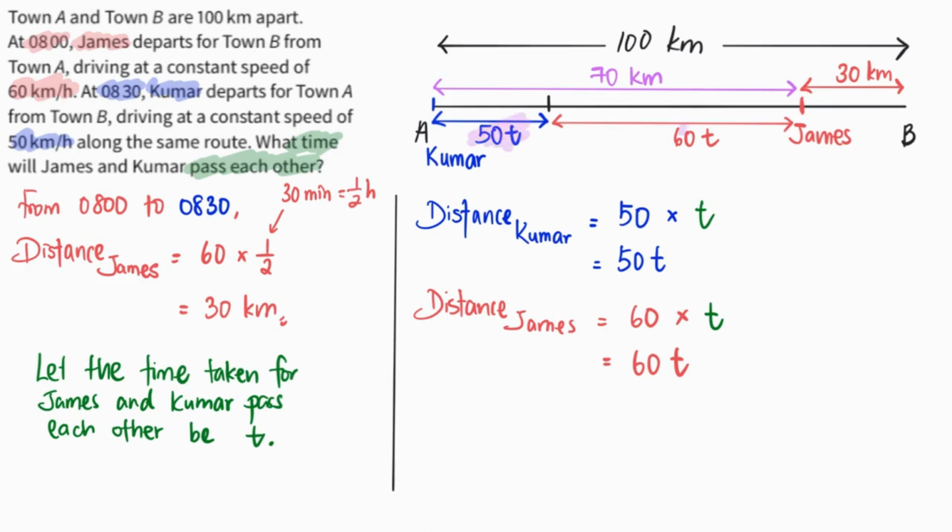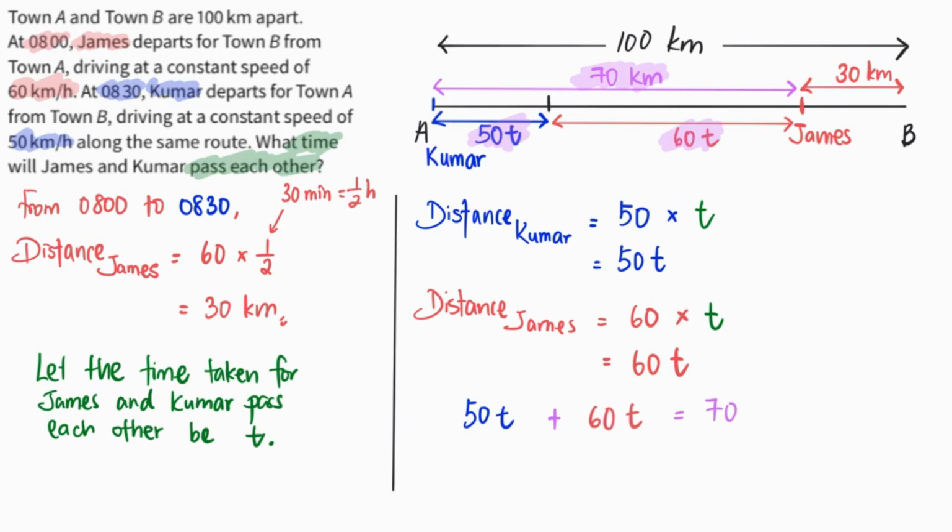That means 50T and 60T add up to 70 kilometer. So therefore I would form my first equation already. I would have 50T plus 60T. This will give me 70 kilometer.